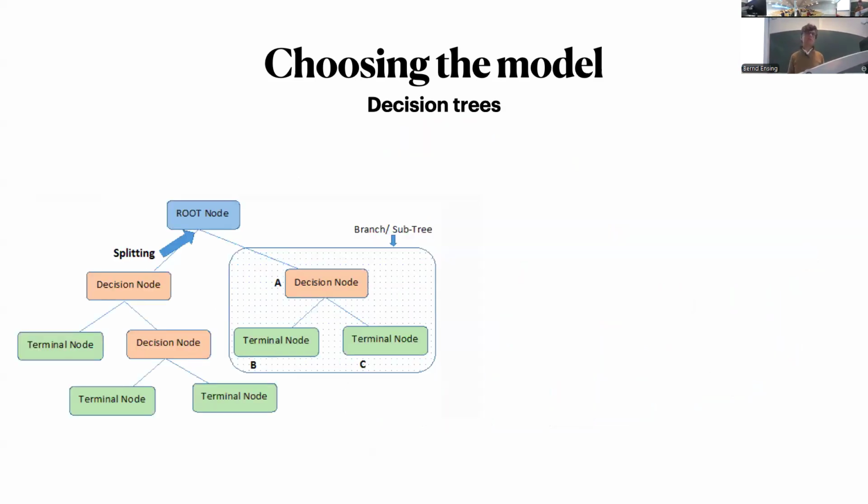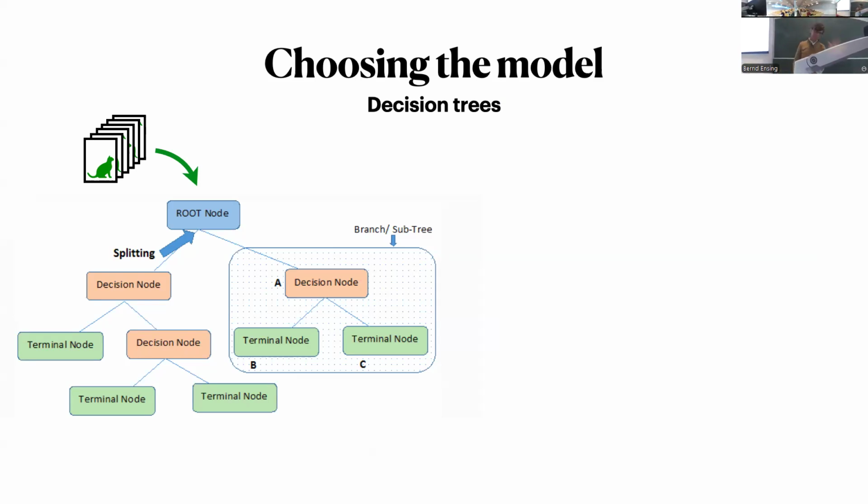So first, decision trees. A decision tree you can just think of as a flow chart with yes and no questions, for example, until you arrive at an answer. It's like the thing that you use when you want to prepare for a political election and you want to decide, okay, on some issues, what is your opinion?